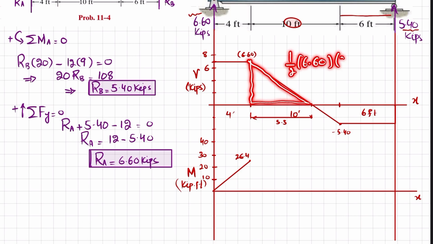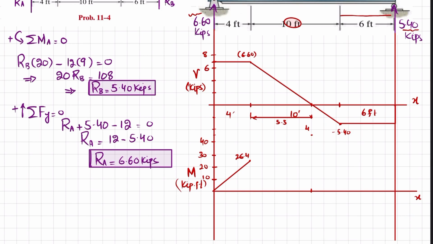So now this area is half of 6.60 multiplied by 5.5, which will give you 18.15. So 18.15 plus this 26.4 will give you 44.55. So at this point you have to plot 44.5, which will be somewhere here.